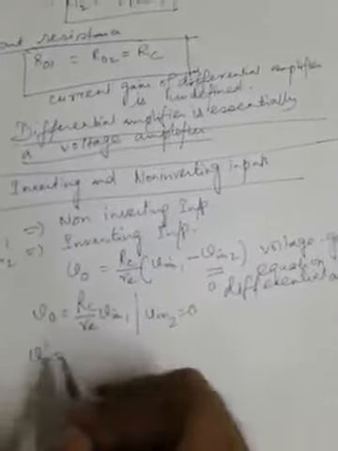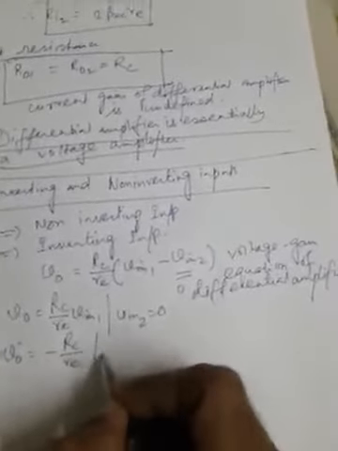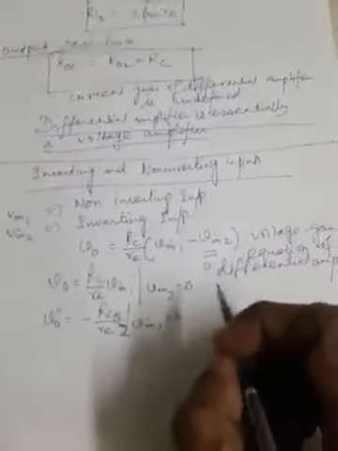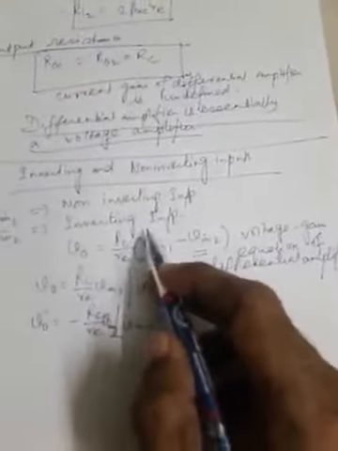Likewise, if V in 1 is 0, VO equals minus RC by RE into V in 2. So we are seeing that when V in 2 is acting alone and V in 1 is 0, the input and output voltage have a 180-degree phase difference because of the negative polarity. There is a minus sign before V in 2. So that's why the input terminal where the voltage source V in 2 is applied will be called the inverting input terminal.